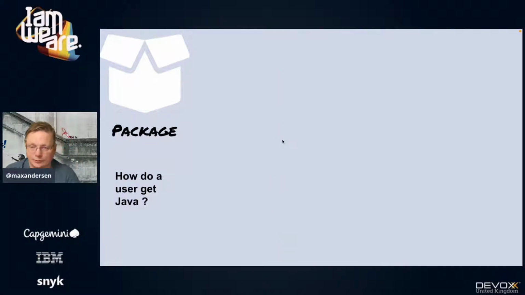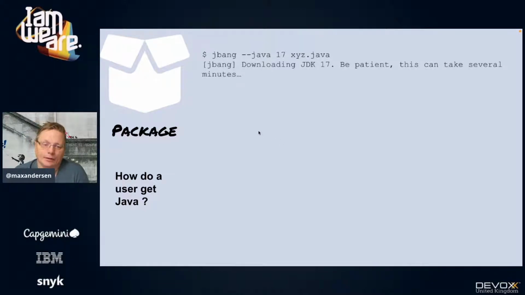It's all there. If you want to use a specific version of Java, JBang has an option that says --java 17 or Java 8, 14, etc. It will get it for you if it's not available. So if you already have a Java on your machine, JBang will use it. If it has like --java 17 and you have it, it will use it. But if you don't have it, it will download it for you.